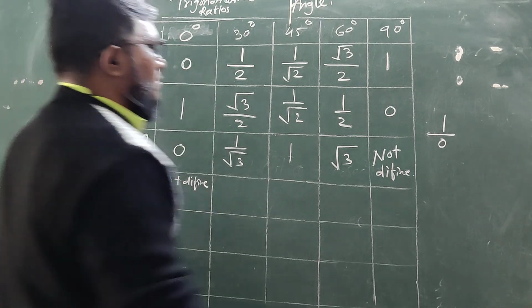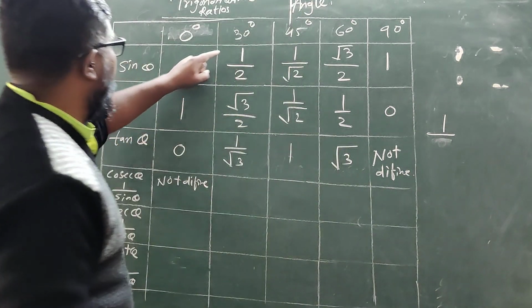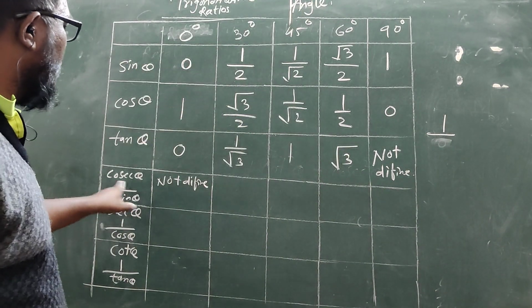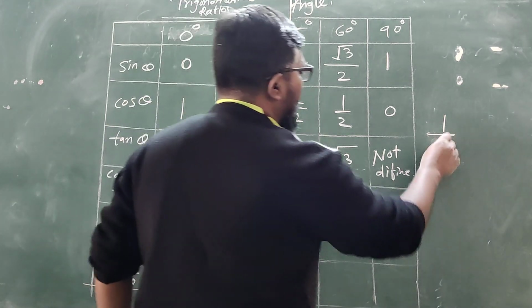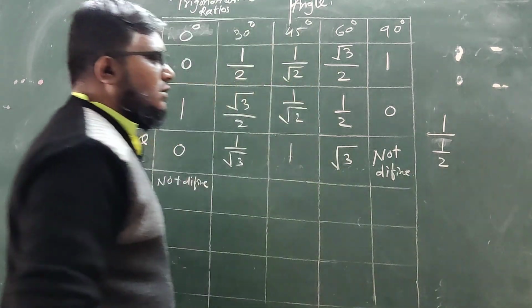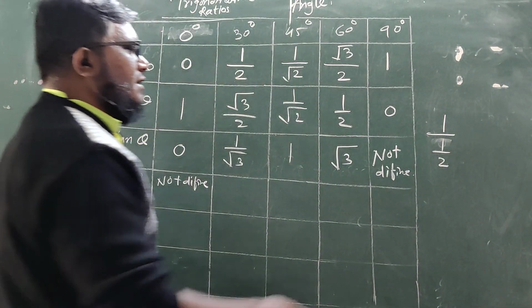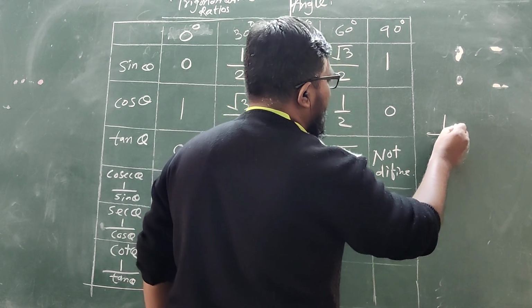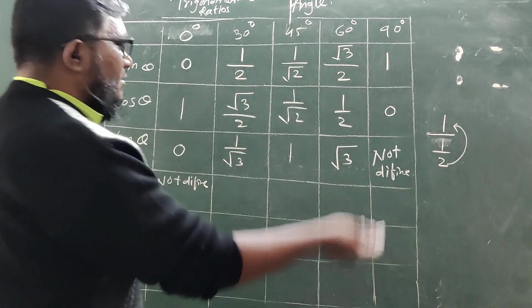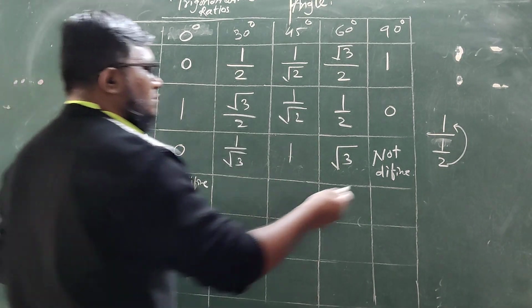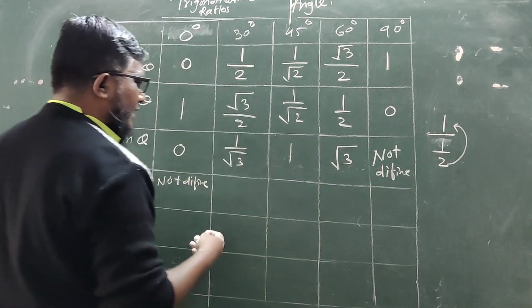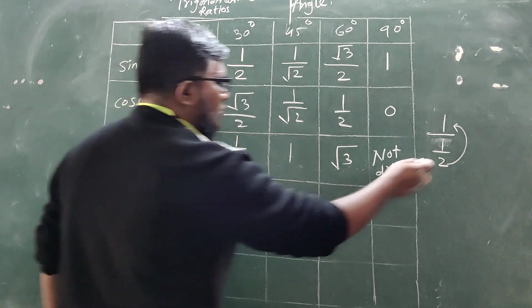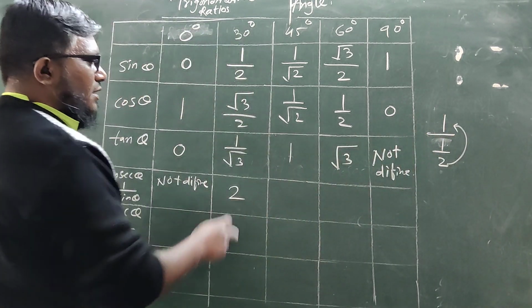Now 1 upon, for finding the 30 degree angle of cosec theta, 1 upon 1 upon 2. Like this situation is there, this is the denominator and this is the denominator's denominator. When a situation like this comes, the denominator's denominator goes to the numerator and multiplies with it, then we can write 2 ones are 2 here.